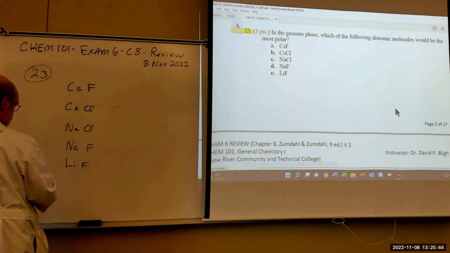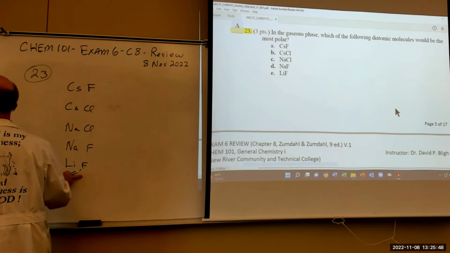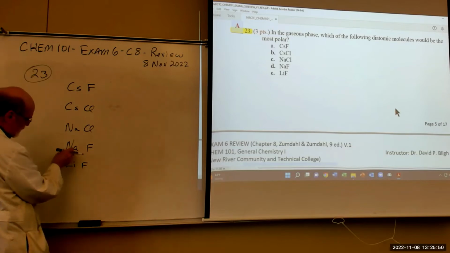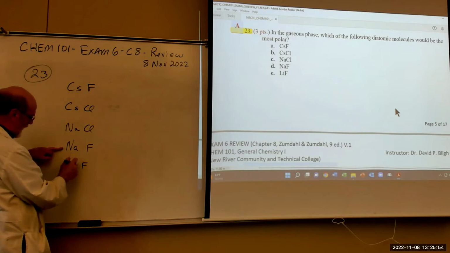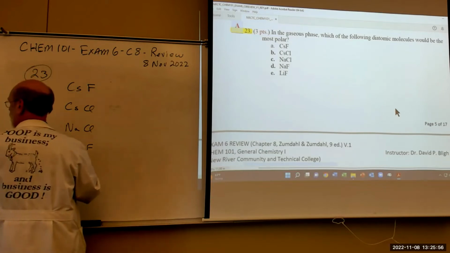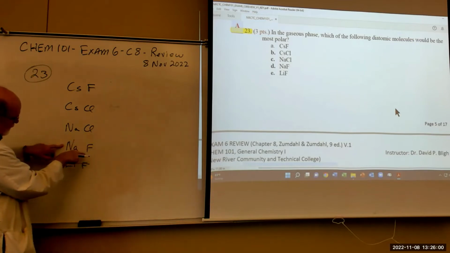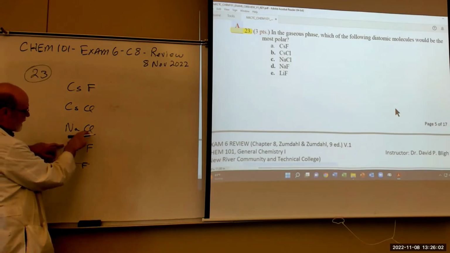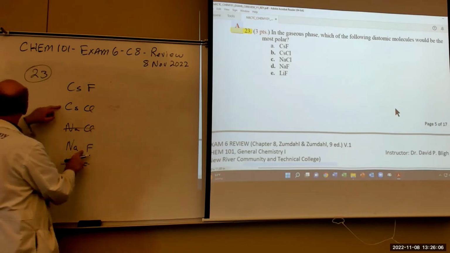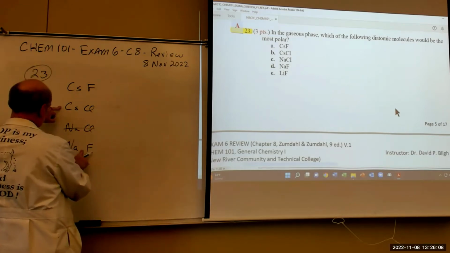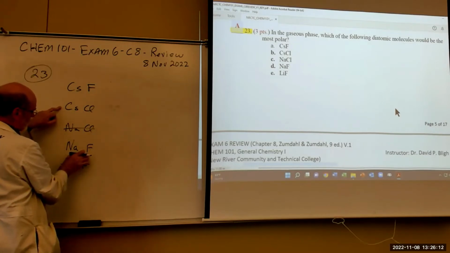Lithium and fluorine would have a fairly polar bond. Sodium fluoride would have less so because sodium is below lithium. How about sodium chloride? Chlorine is below fluorine, so it'd be less electronegative. How about cesium chloride? Cesium chloride puts them further apart than sodium and fluorine.